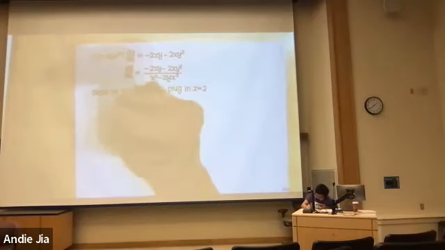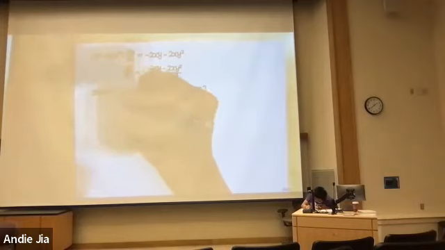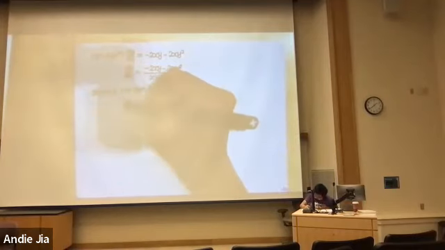This, you can say it's y dx 2 is going to equal to 2.